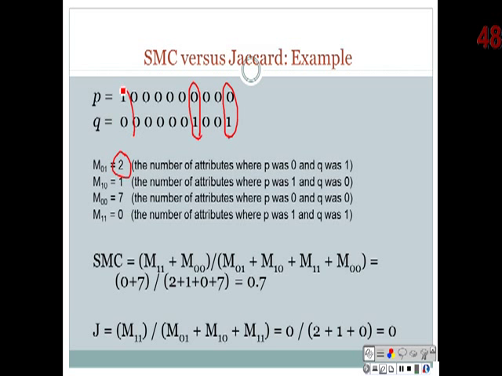For 1 0 we have it only one time, and 0 0 most of the rest, so 7 times. 1 1 we never had, the two points are never 1 1, so we have it as 0.